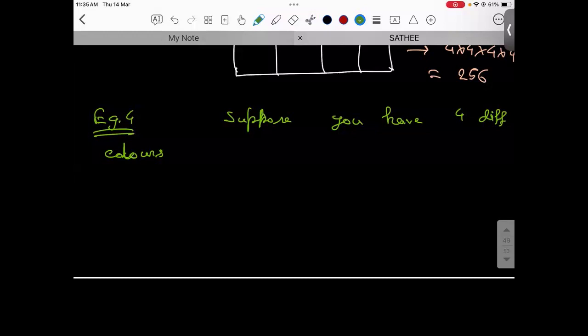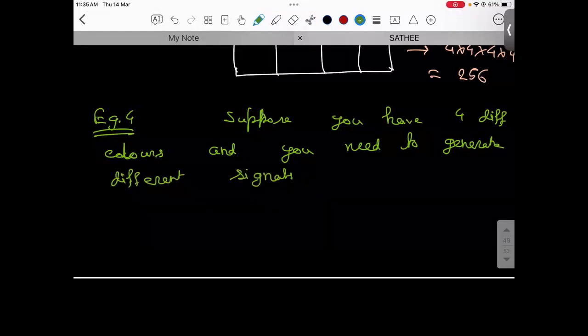you need to generate different signals using two flags, using exactly two flags.